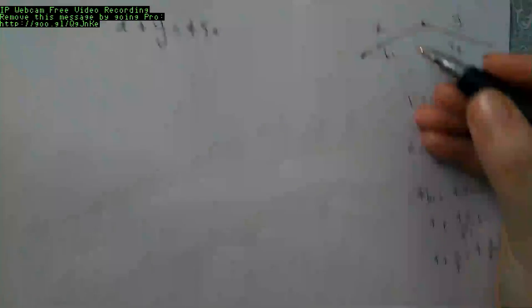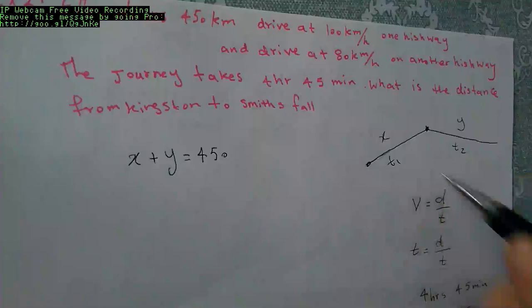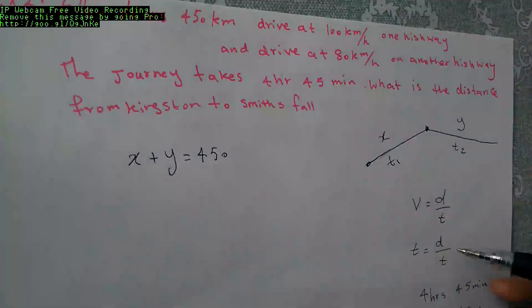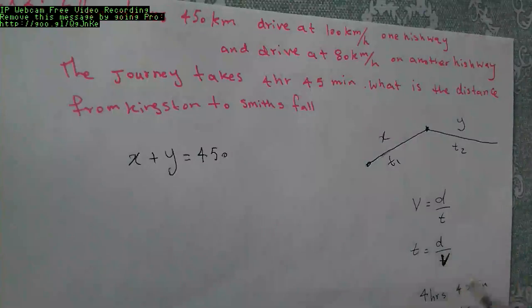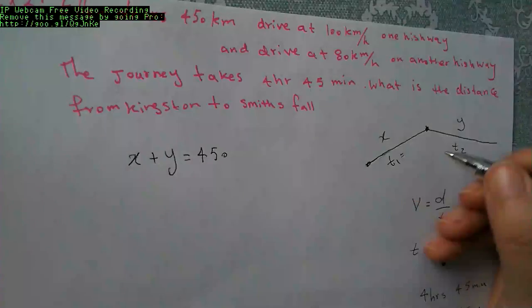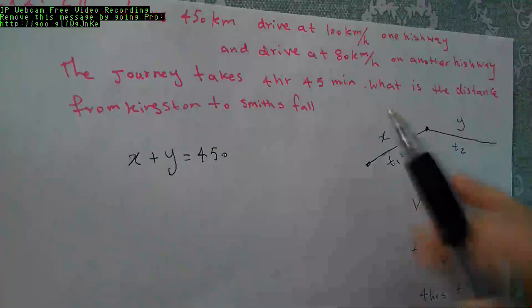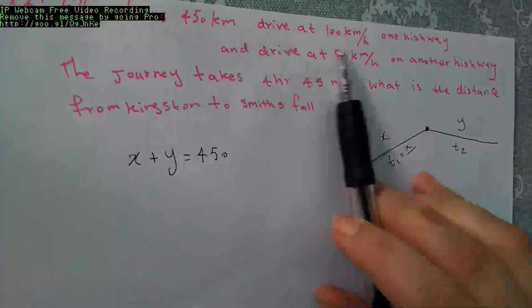I know that in this section, the time is distance over velocity, right? So just switch these two. For t1, the distance is x and the velocity is 100 kilometers per hour.